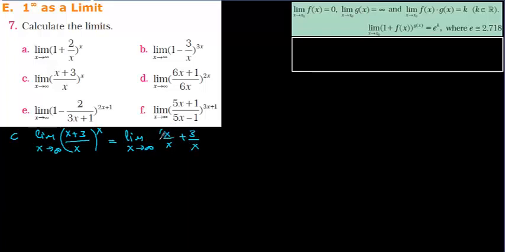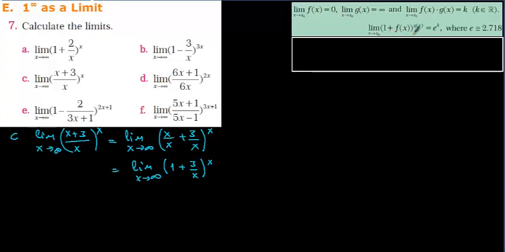If you remember, we have solved this question in our lesson before. That's why the expression can be separated like this by using the rational addition and subtraction rule. Then x over x is going to be equal to 1, so we get (1 plus 3 over x) to the power of x.